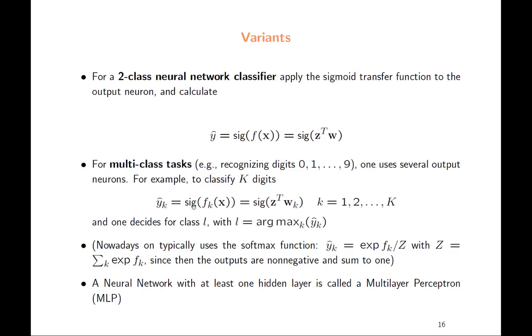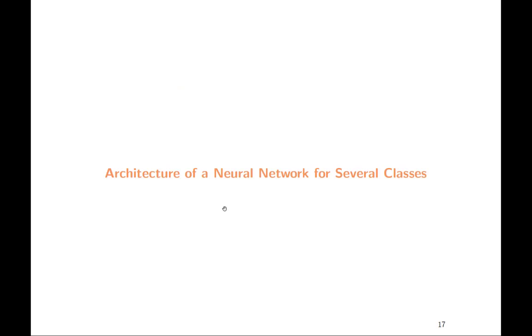And you simply apply the sigmoid to the corresponding output for the class. Then typically one decides for the class which has the largest activation. Later on we will also talk about the softmax function, which is more popular in the multi-class problem. And a neural network with at least one hidden layer is called a multi-layer perceptron.